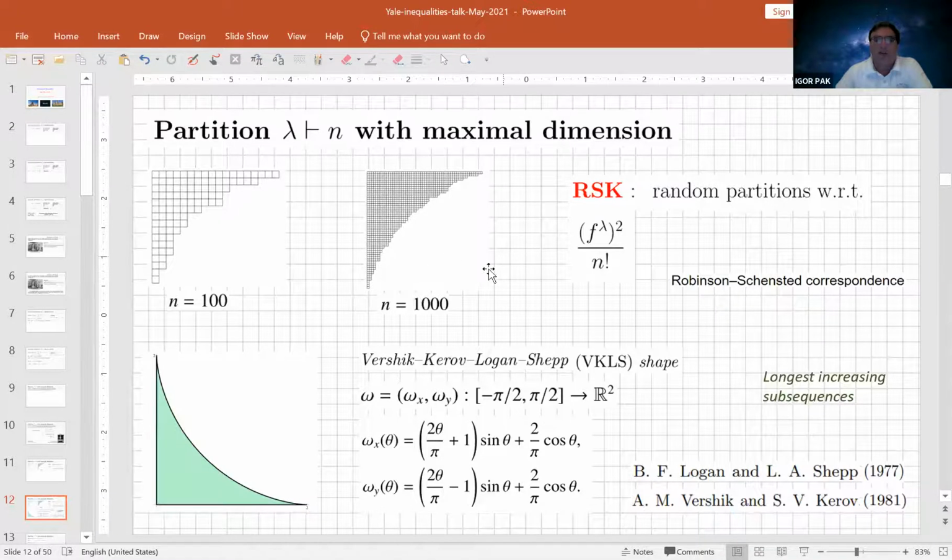This is what's known as the Vershik-Kerov-Logan-Shepp curve. Logan and Shepp computed it in 77, and Vershik and Kerov used a completely different approach to compute this in 81 independently. There is a formula with arctangent one can write, but here is a nice way to parameterize the curve by an angle theta between minus pi over 2 and pi over 2, and it's just a sum of trigonometric functions.